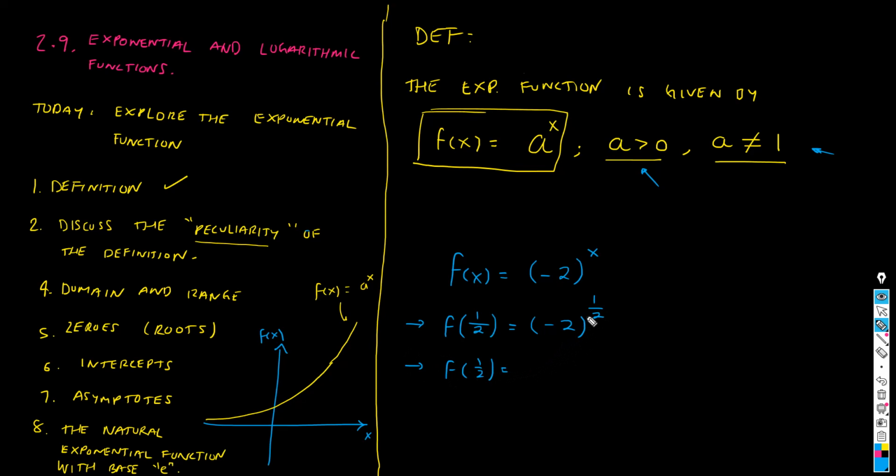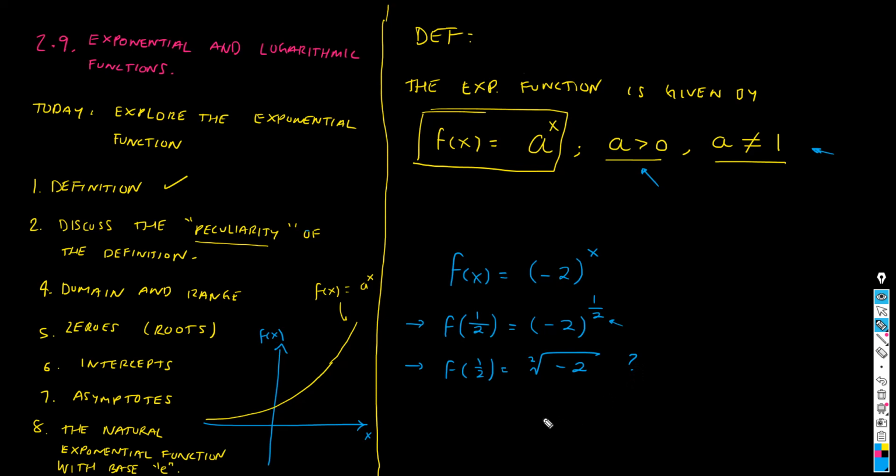And remember that when we have an exponent in this way as a fraction, what this means really is a root. In this case, a square root. You remember? So this is equal to the square root of -2. And tell me what the problem is with this number, the square root of a negative number. Can we perform that? Is this a real number?